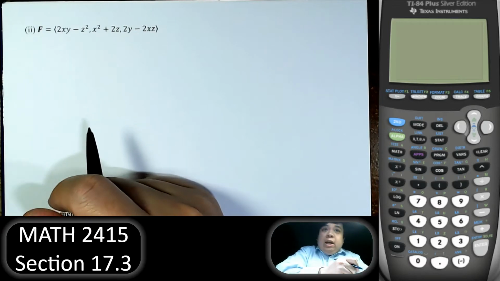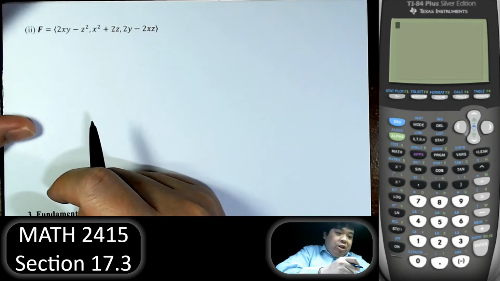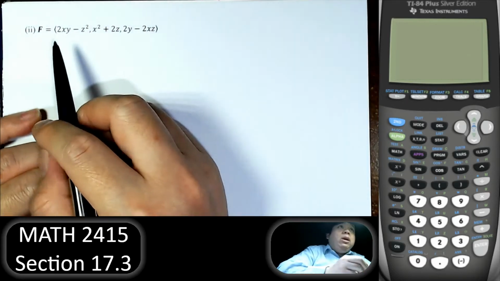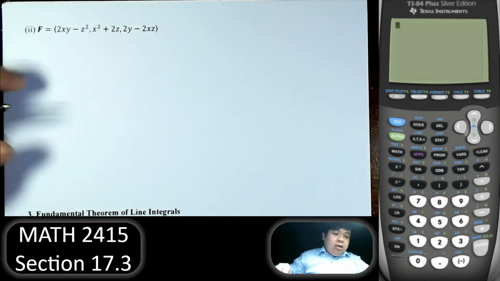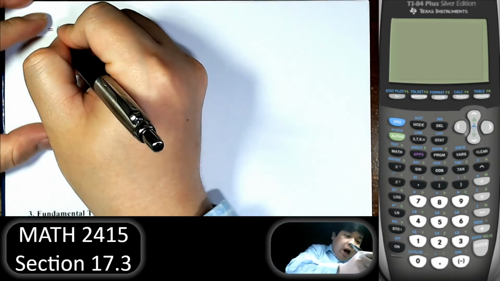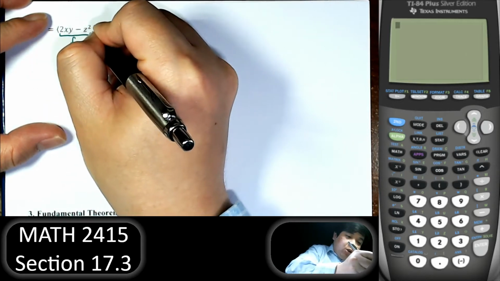I'm sorry. The recording software crashed, so we have to restart again. Anyway, so we're trying to find the potential function for this vector field. We already know this is a conservative vector field and has three components.